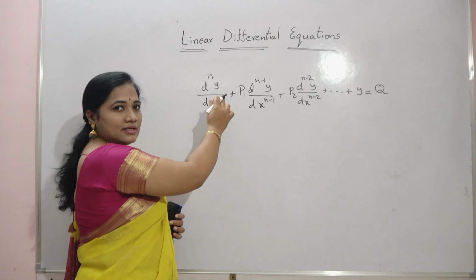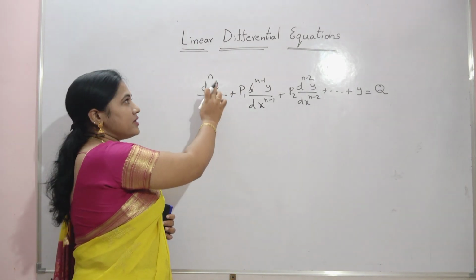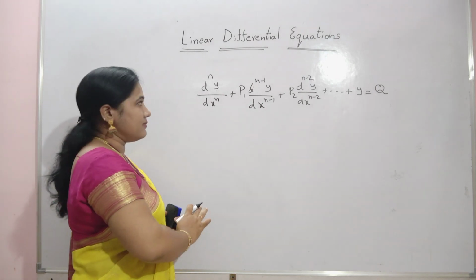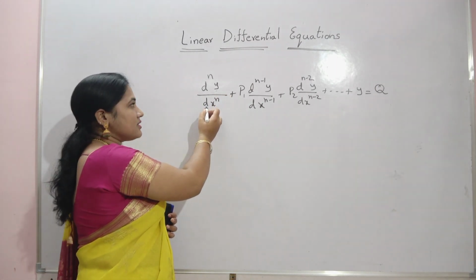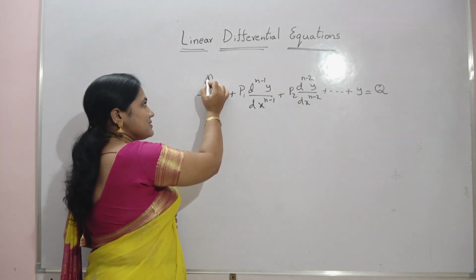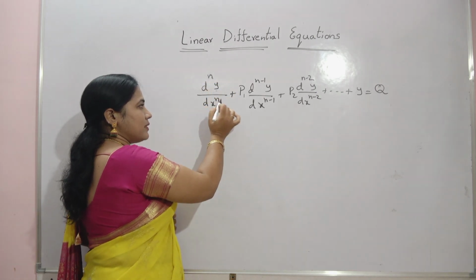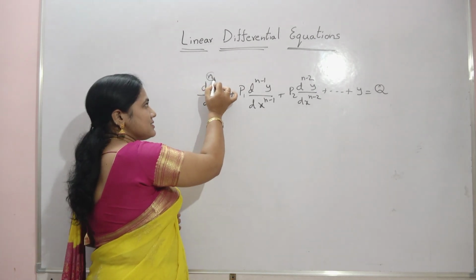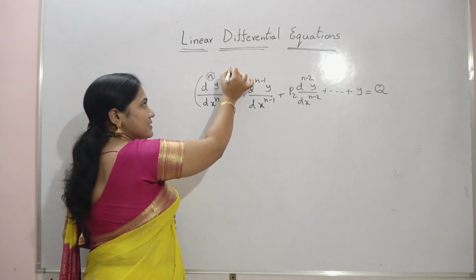Here y is the dependent variable, it depends on x, and from the definition of the linear differential equation, the dependent variable and its derivatives are in the first degree. d^n y by dx^n, the order is n here, and if you see, the degree is 1.